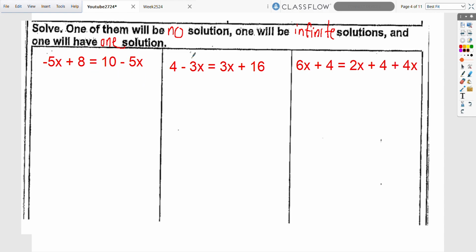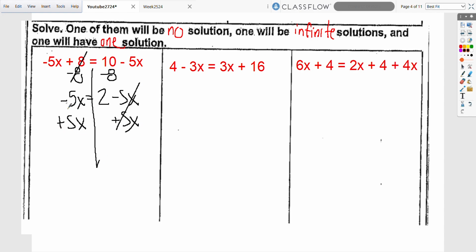One of these is going to have no solution, one of them will have a solution, one of them will be infinite. We follow the same steps as before. That doesn't change. We bring down this negative 5x. 10 minus 8 is 2. We bring down this subtract 5x. We remember that we have to get rid of this negative 5x, so we add that both sides there.